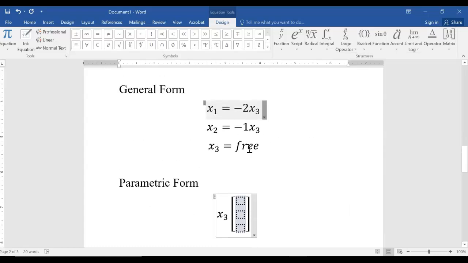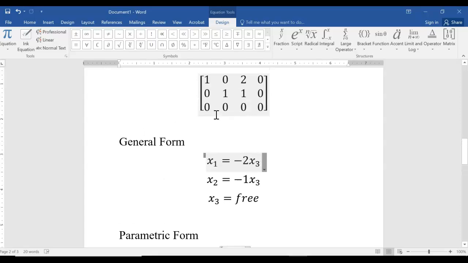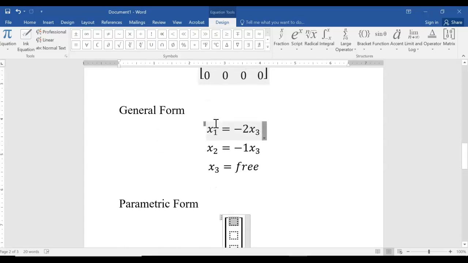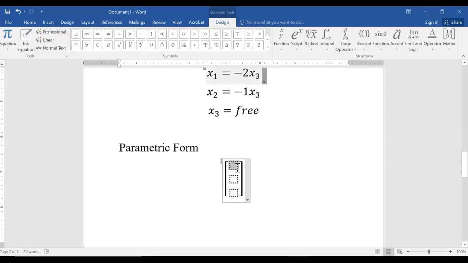Instead of thinking about constants out front, let's think about it like this. x1 represents the first entry of the vector, so x1, whatever it is, can be written as negative 2 times x3.